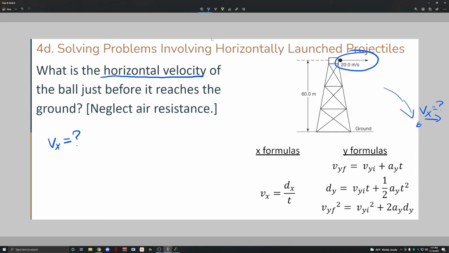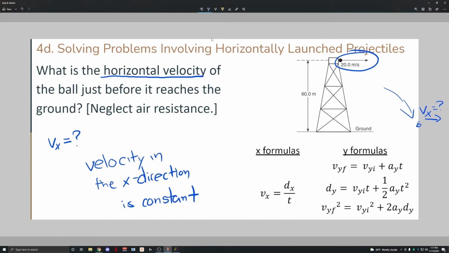But you guys saw there is no acceleration in the x direction. Your velocity in the x direction is constant. I mean, there is a velocity, but it's constant.